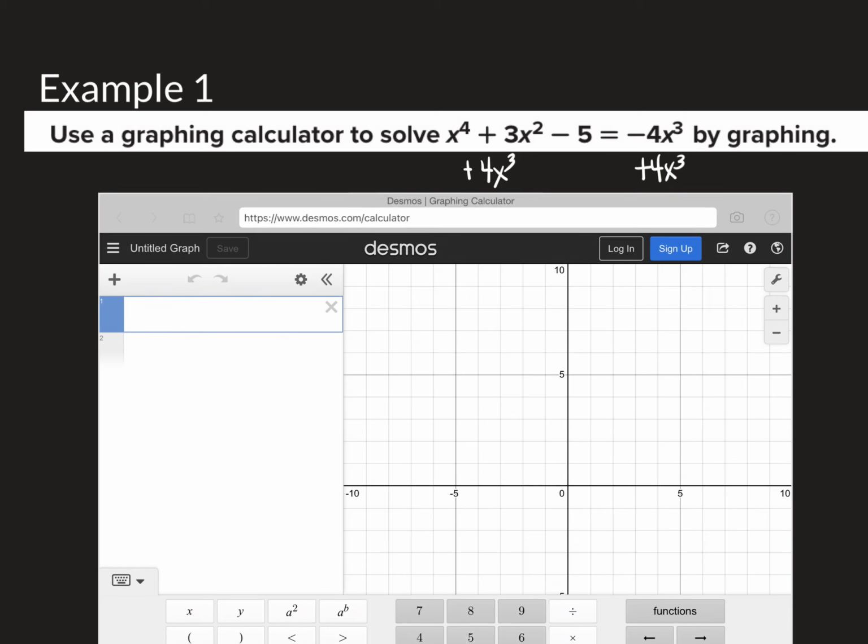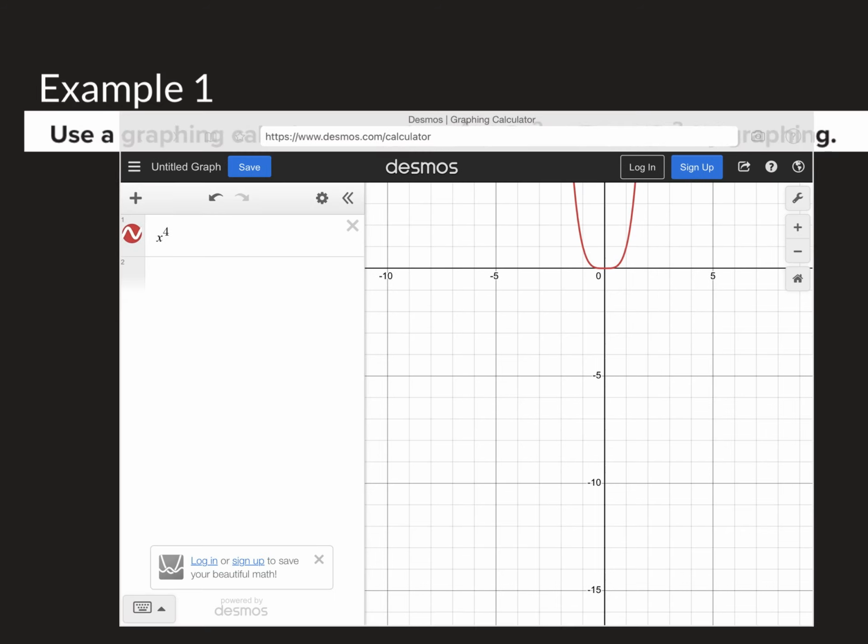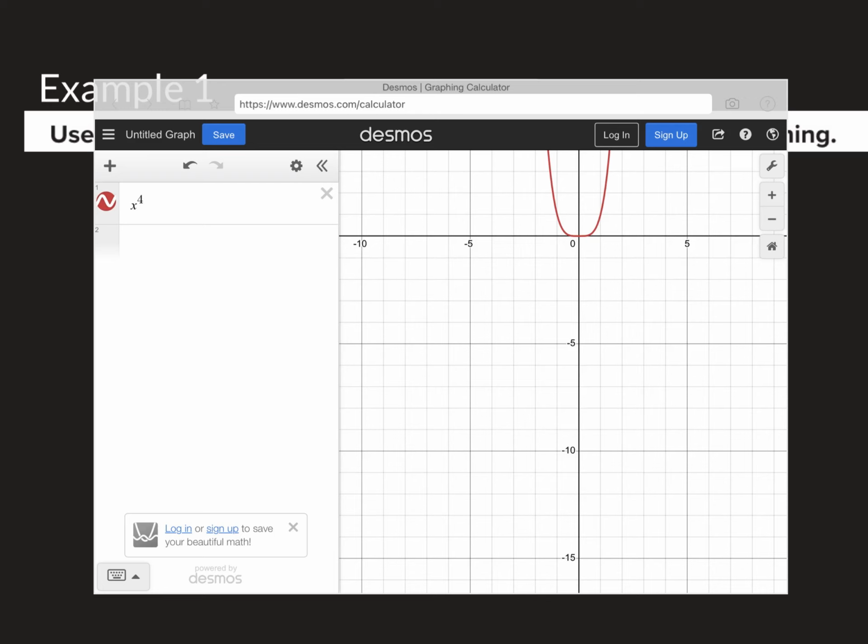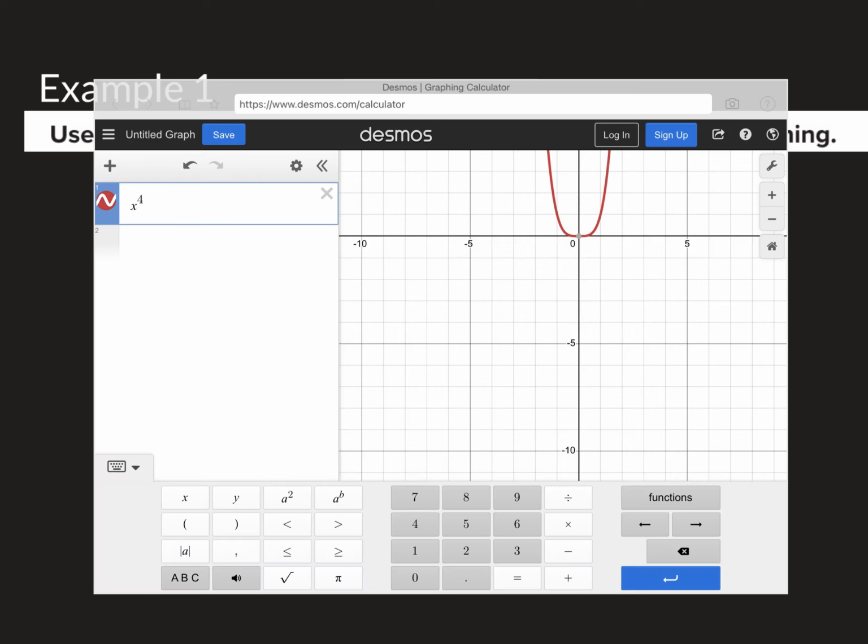So I'm going to graph x to the 4th plus 4x cubed plus 3x squared minus 5. And again, I'm not putting the equal 0 in there.